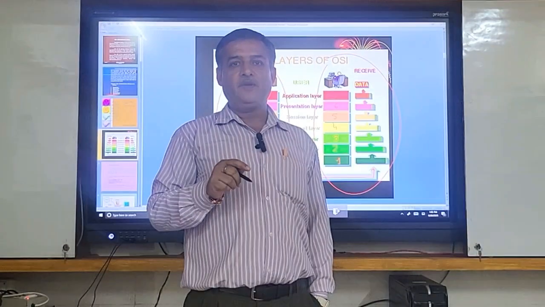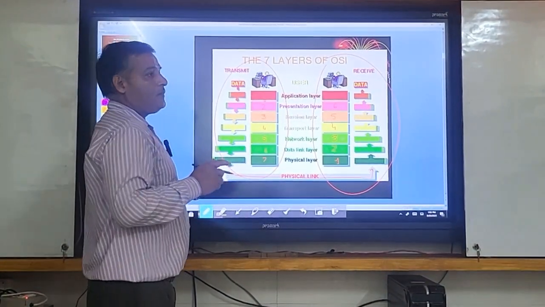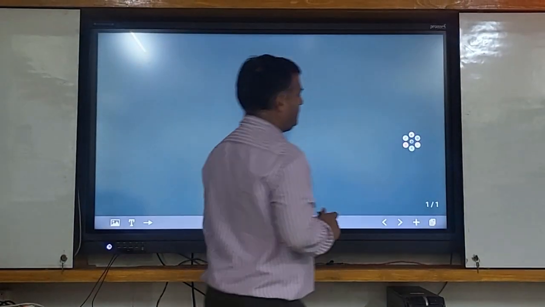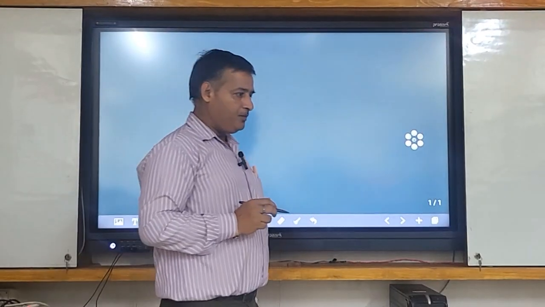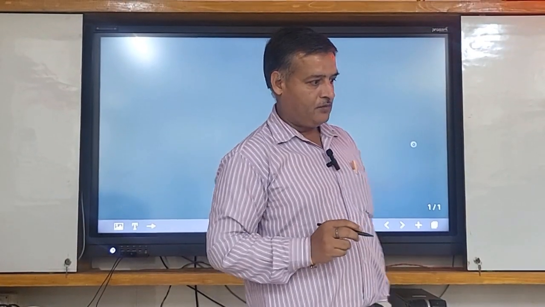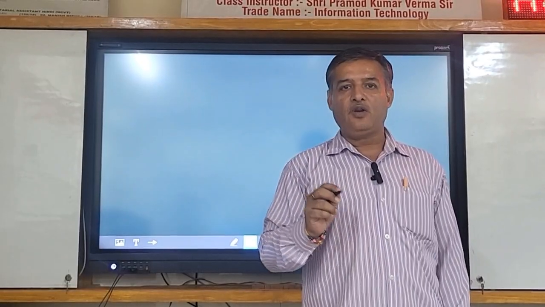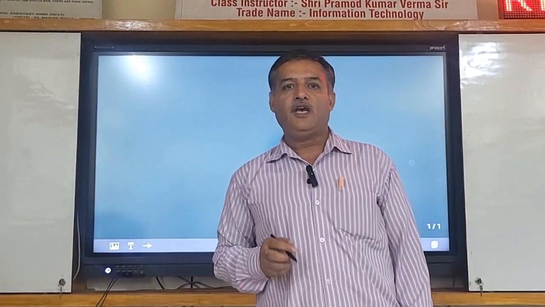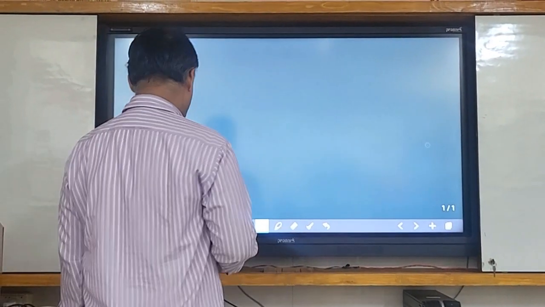So we come to this slide, and over here we are making a two-column chart. The first column is the functioning of a particular layer, and in the second column we will discuss the different protocols involved in that layer.